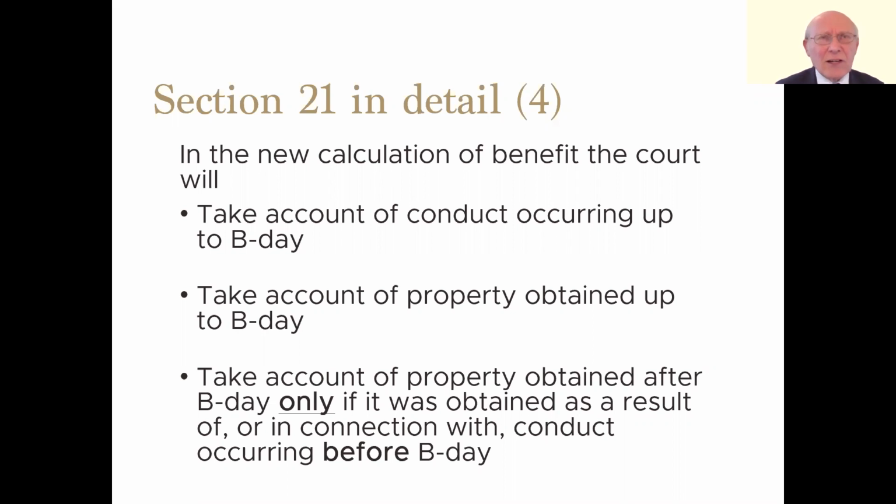The value of the house has increased by another £100,000. Half the purchase price was provided by the fraudulent mortgage. So there's an extra £50,000 of benefit, which we now bring into account. So that's the situation in which we are taking account of property obtained after that day, but it was obtained as a result of or in connection with conduct which occurred before.